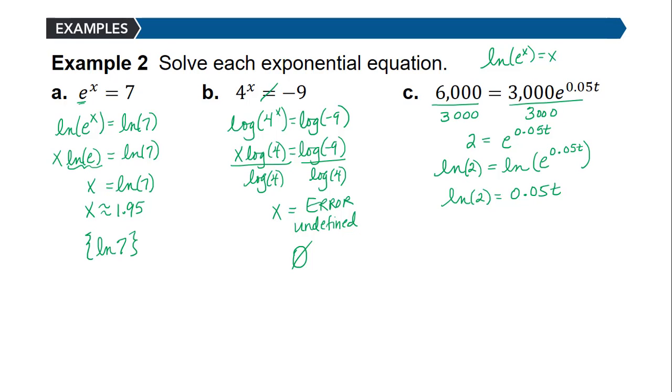So to solve for t, we can divide by 0.05. So when we approximate that value, it is approximately 13.86. But again, our exact answer would be the natural log of 2 divided by 0.05.